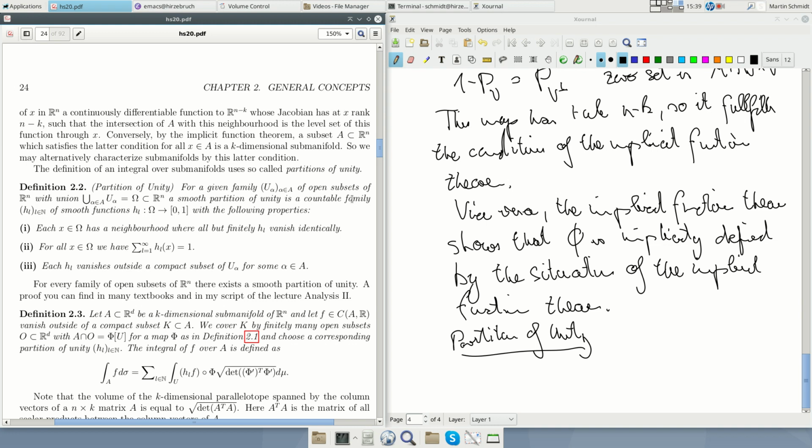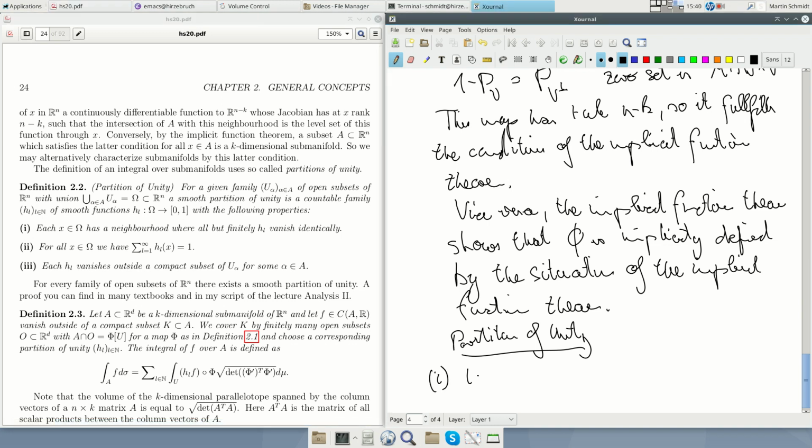This is a countable family of smooth functions with values in the real interval [0, 1] with the following properties. The first property is called local finiteness.